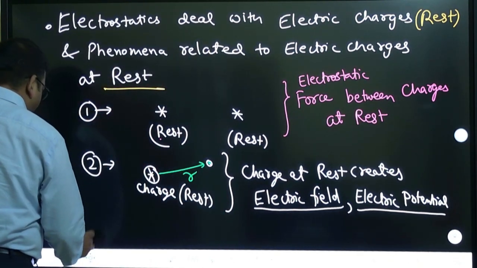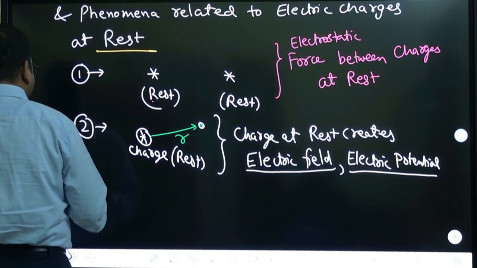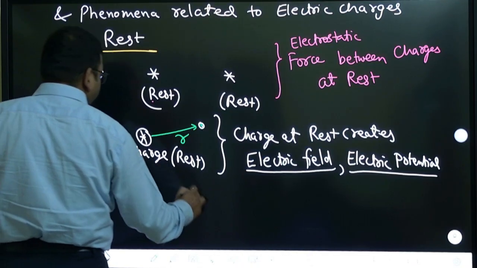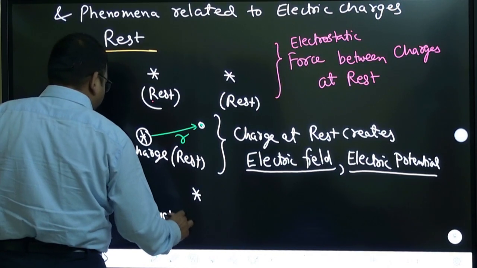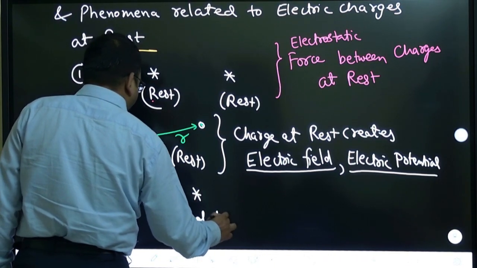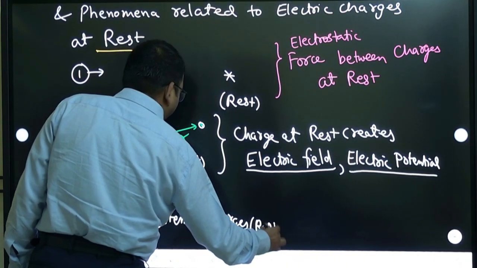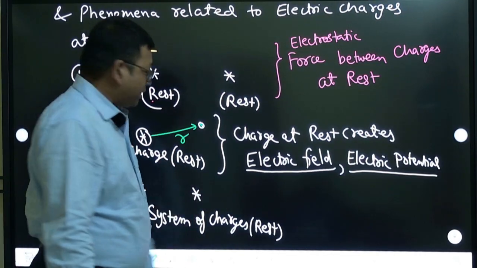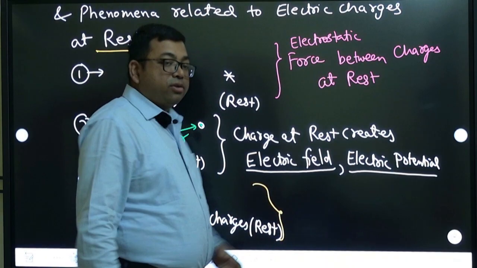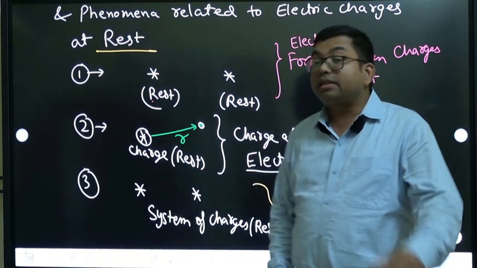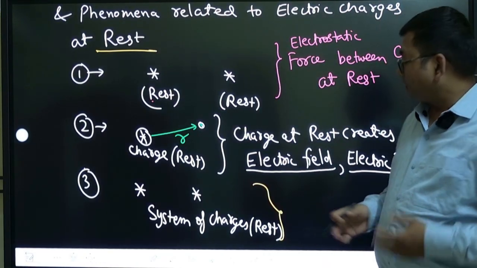Also, if we have more charges, not only one, let us consider a system of charges at rest, all the charges at rest. Due to these charges and their interaction, some energy is stored. That energy is called electrostatic potential energy.